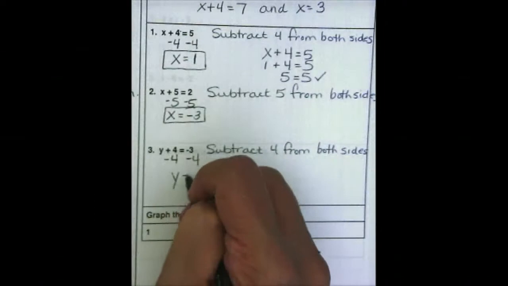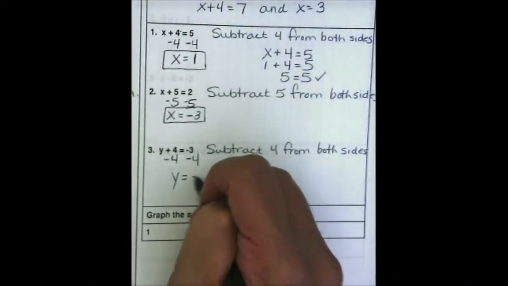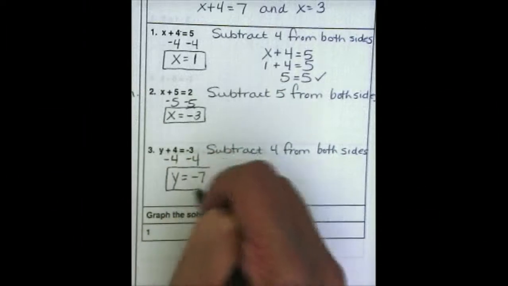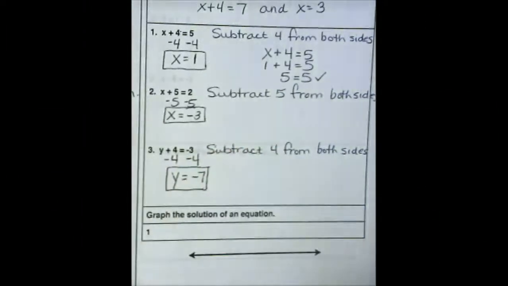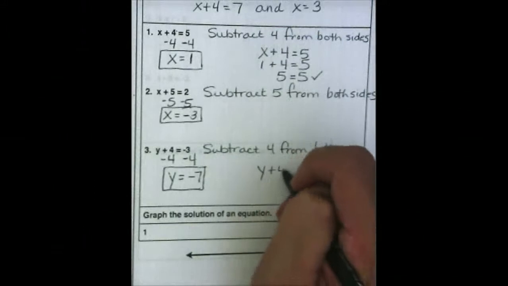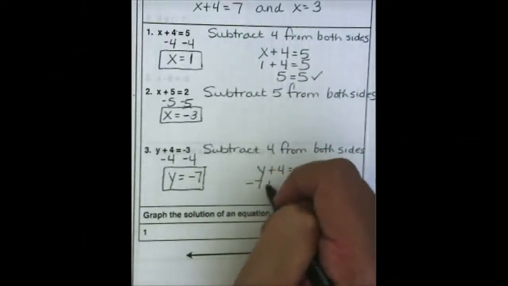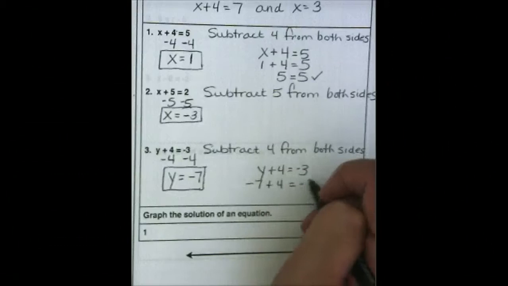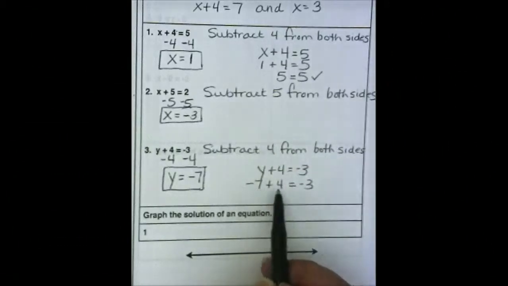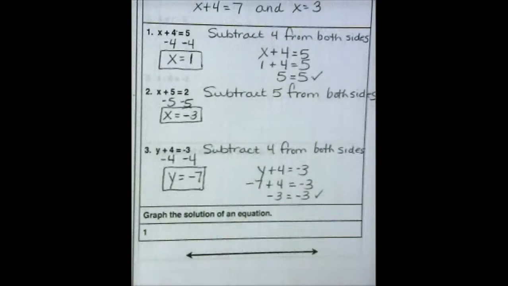And we get y equals negative 3 minus 4, which is negative 7. Once again, if you need to show your work, go ahead. And we can check all of these the same way. Here, y plus 4 equals negative 3. We know that y is negative 7. Negative 7 plus 4 equals negative 3, and it does in fact. So we know we got that correct.